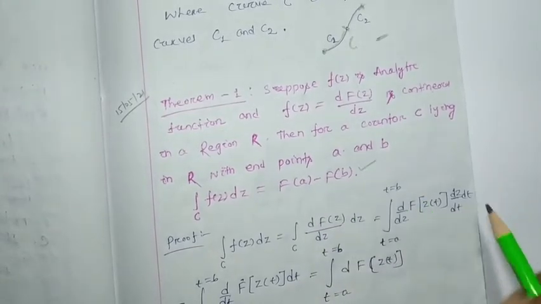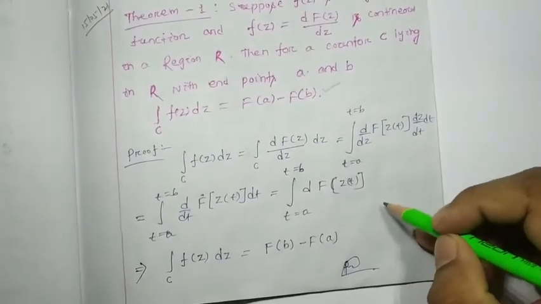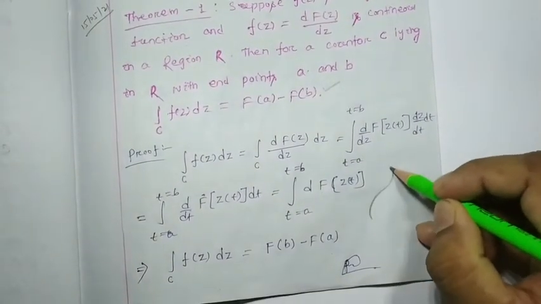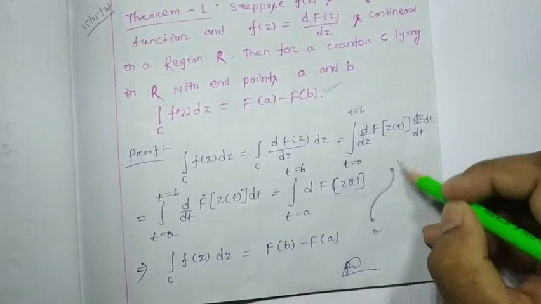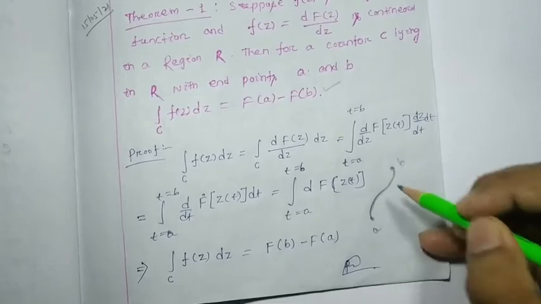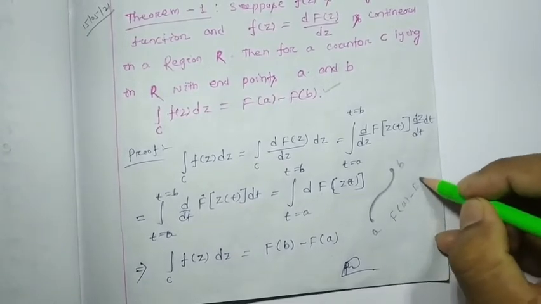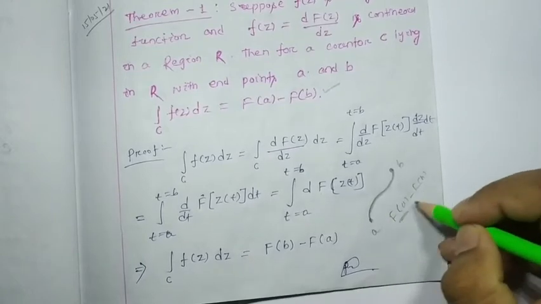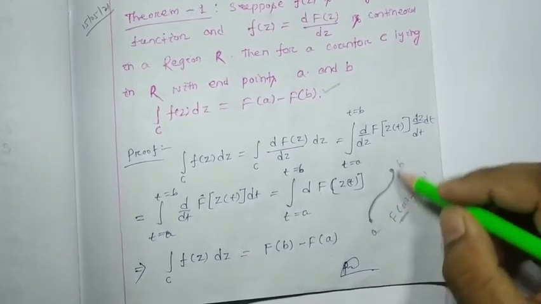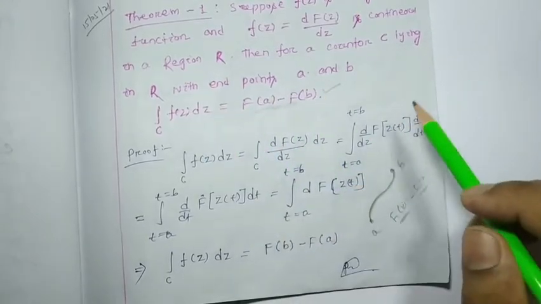That we have to prove. That means suppose this is the contour and these are the points A and B. The line integration of this one will be F(b) minus F(a), that is, final value minus initial value.